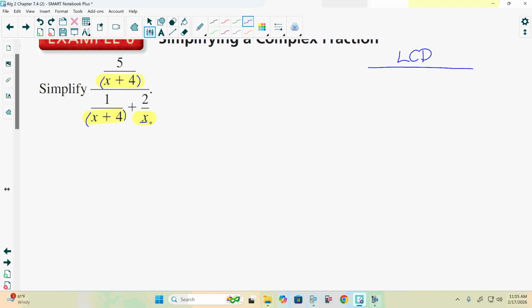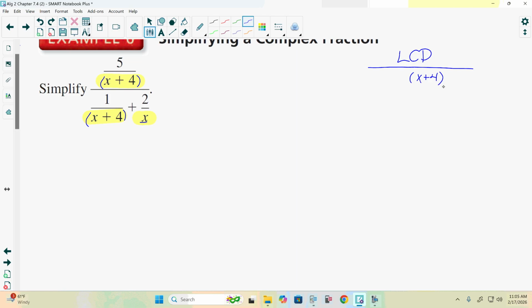So x plus 4 does show up in two different places, but how many times does it show up in each one of those? Once. So a part of the least common denominator, we will need x plus 4, but we will only need it once. Even though it does show up in two different locations, we only need it once because it only shows up in each of those locations one time.